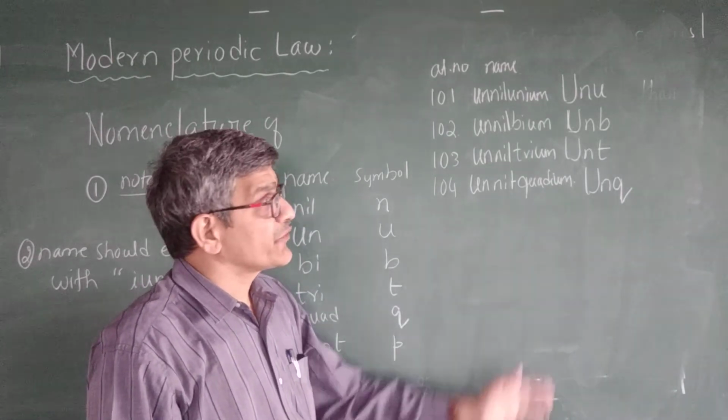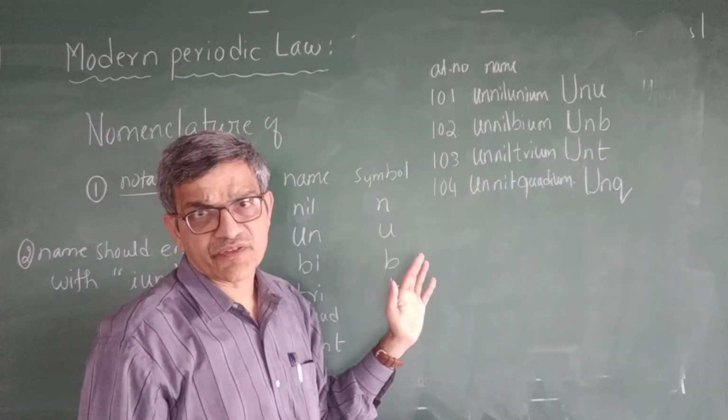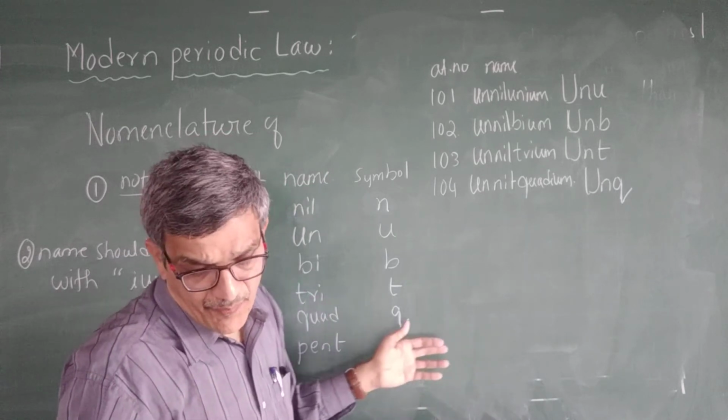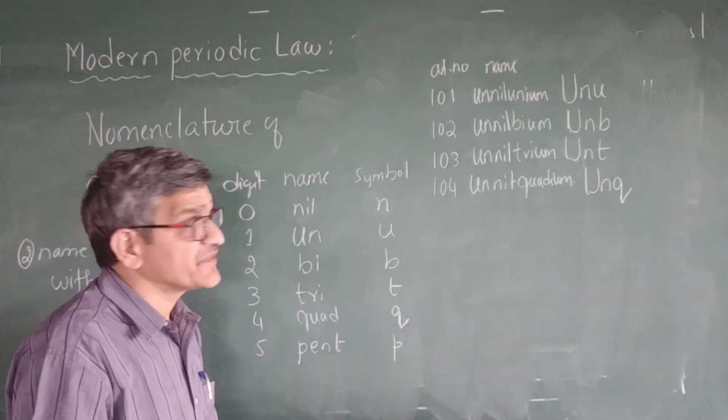Okay, so now we know this. These are already known elements, so they have some separate names: Mendelevium, Nobelium, Lawrencium, like that.